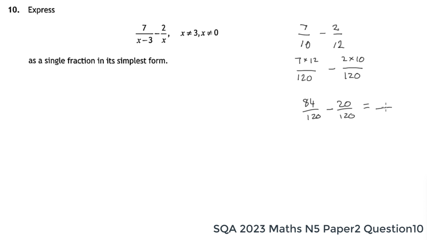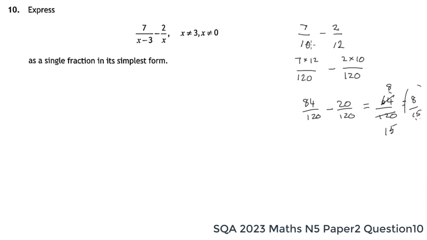So how many 120ths have we got? We've got 64 of them. And there's a bit of cancelling going on there because 8 goes into both of these. So it's 8/15. So that is then simplified. There was a cancelling went on there.